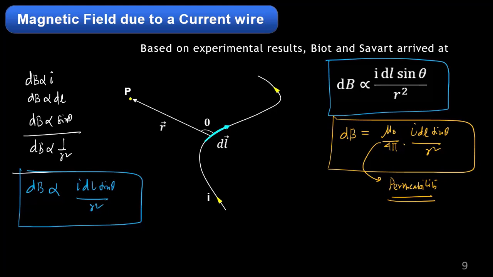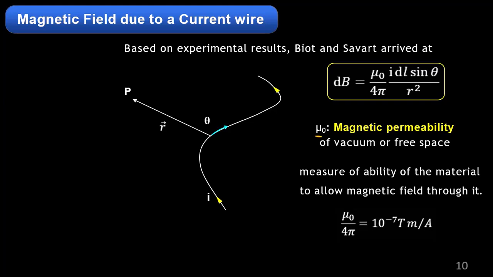If I put this constant in place of proportionality, I ultimately write the equation with a proper equality sign. So that is the final form of the Biot-Savart law, where I am using this equation: dB equals mu naught by 4 pi into I dL sine theta by r squared.